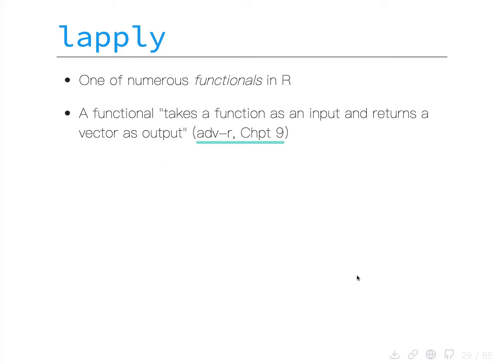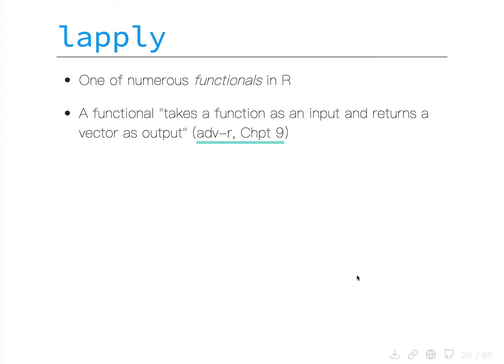Okay. So the apply family. lapply is to me the most important of the apply family of loops. Okay. It is one of numerous what Hadley calls functionals. Okay. And so a functional, I say Hadley calls it that because he's the only one I've ever heard call it that. Doesn't mean that that's not actually what it's called, but that's the only place I've seen it.